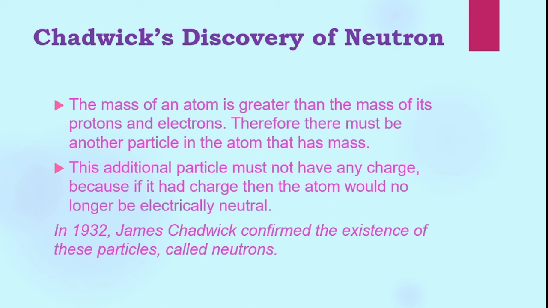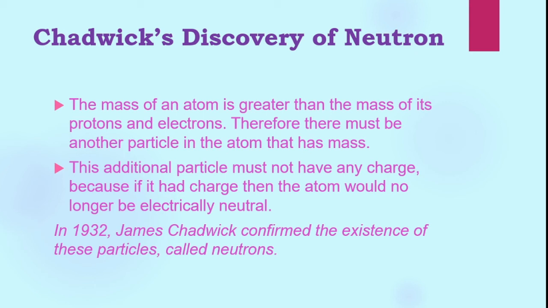Chadwick in 1932 confirmed the existence of these particles, which are called neutrons. So the atom consists of three particles. One is the proton, positively charged, another is the electron, negatively charged, and the third one is the neutron, which is chargeless.